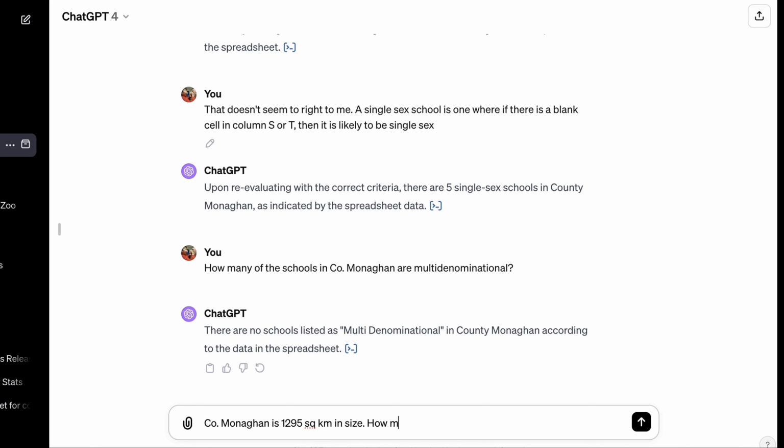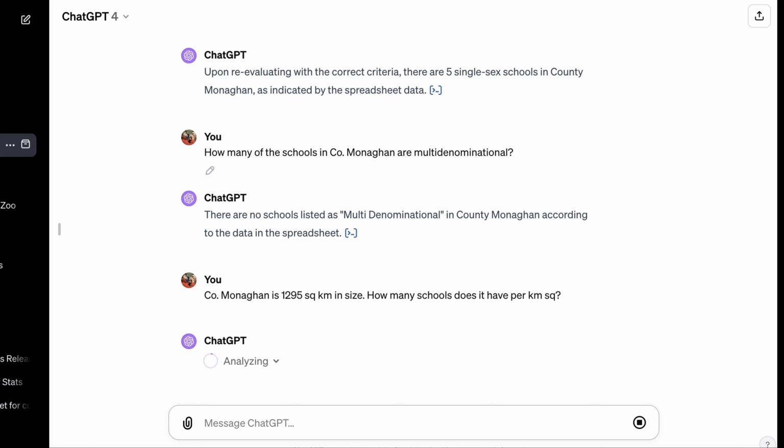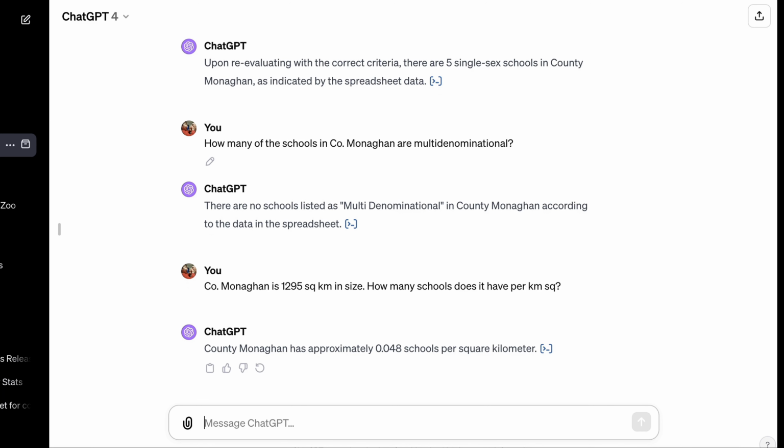So how many schools does it have per square kilometre? So let's see what happens here. So you're asking it a question from there, and there is a reason. I'll have a follow-up question for this. So about 0.048 schools per square kilometre.